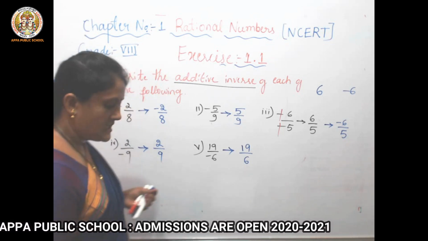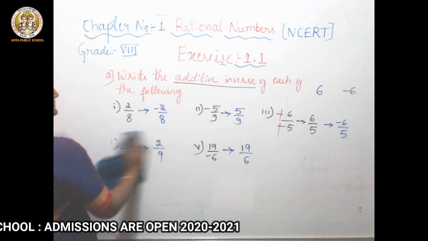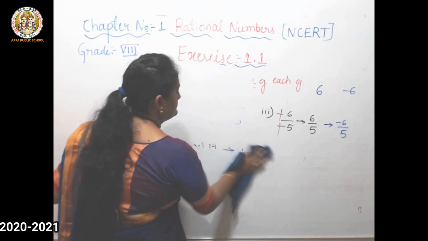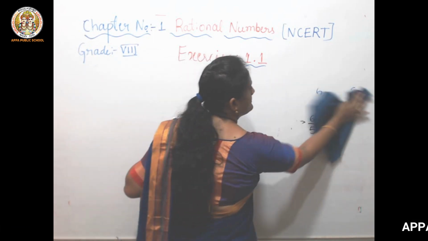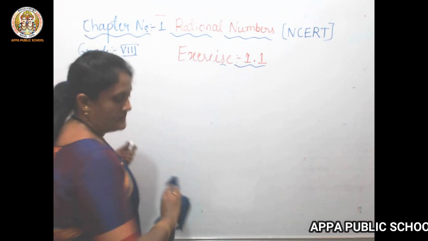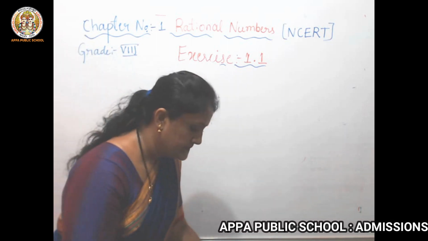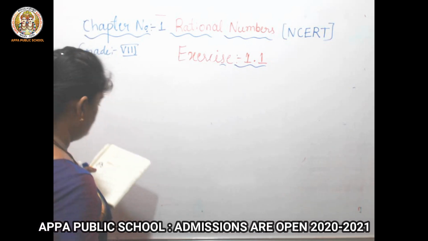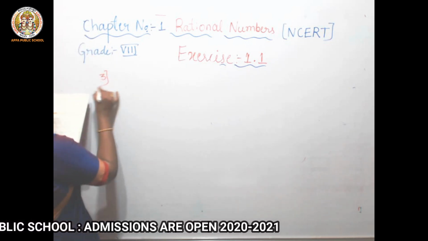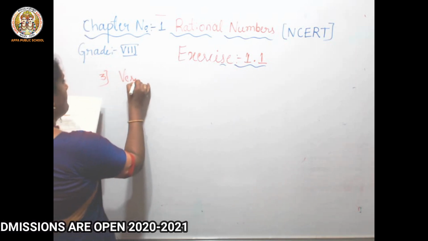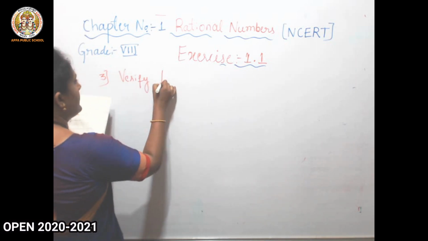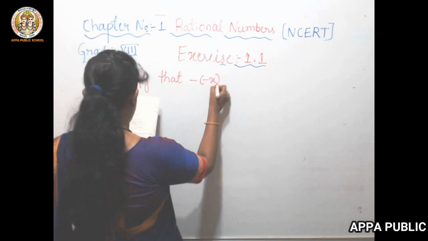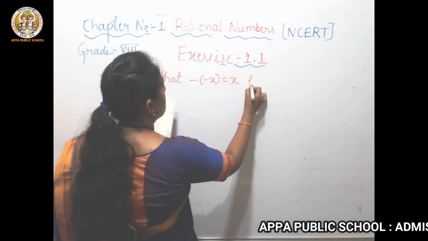Okay. Now let's start with the third one. The third question is, verify that minus of minus x is equal to x.